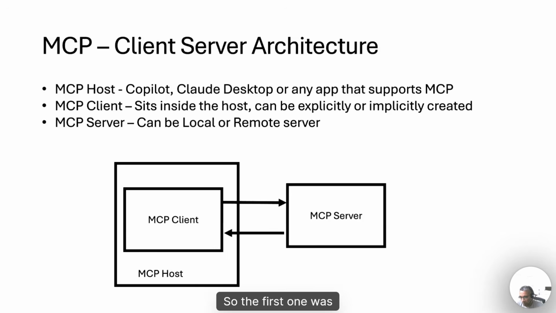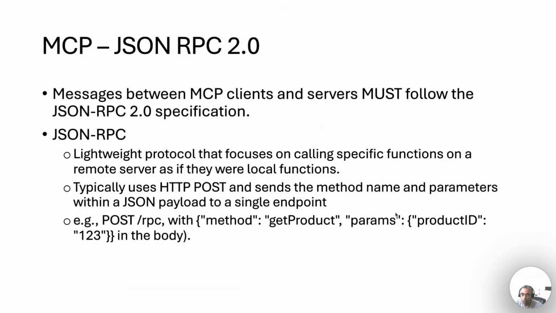Okay, now we have discussed two of the four important points of the Model Context Protocol definition. The first was that it follows a client server architecture, and the second was that there are three participants. We discussed those two points in a bit more detail, and now let's see what communication protocol the MCP is using according to the definition.